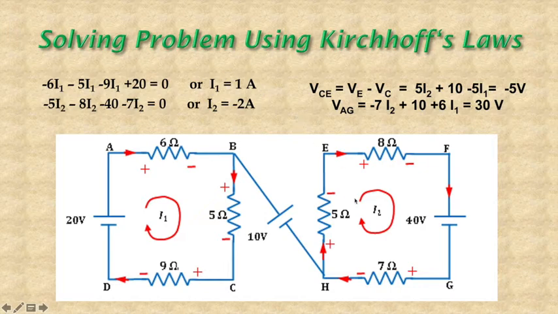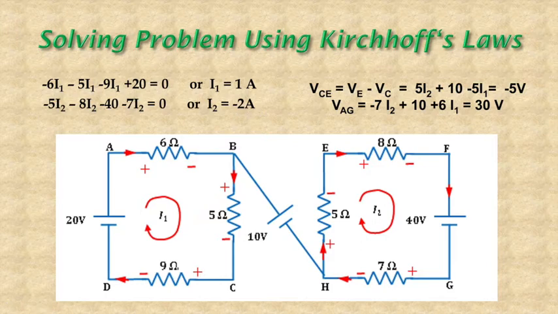From the second loop, the equation is minus 5I2 minus 8I2 minus 40 minus 7I2 equals 0. Then we get I2 equal to minus 2 ampere.